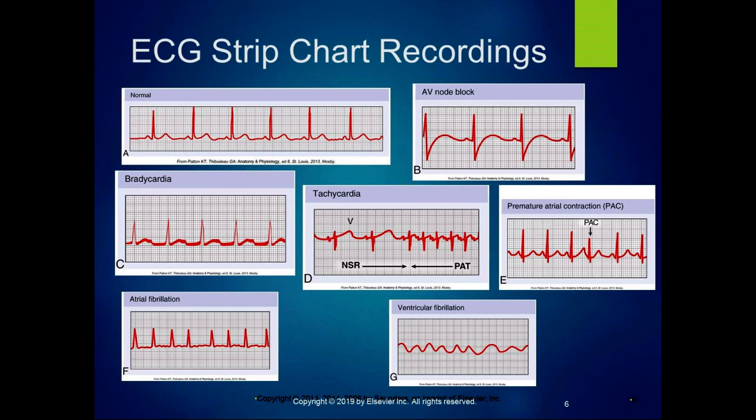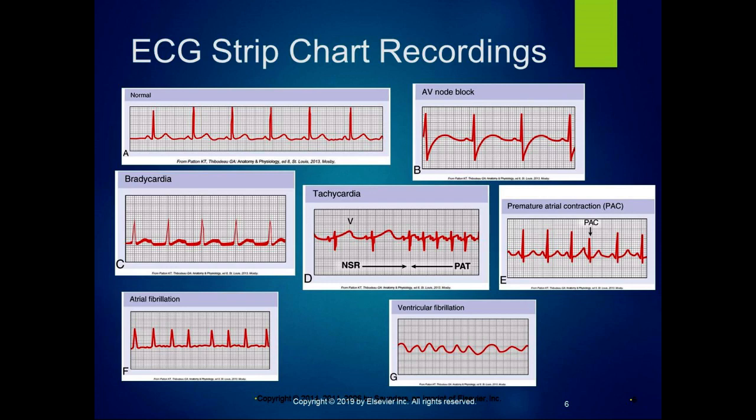So the first one, A, that's a normal ECG. B is an AV node block, very slow ventricular contraction. P waves widely separated from peaks of the QRS complexes. So it looks different from the good one, doesn't it?